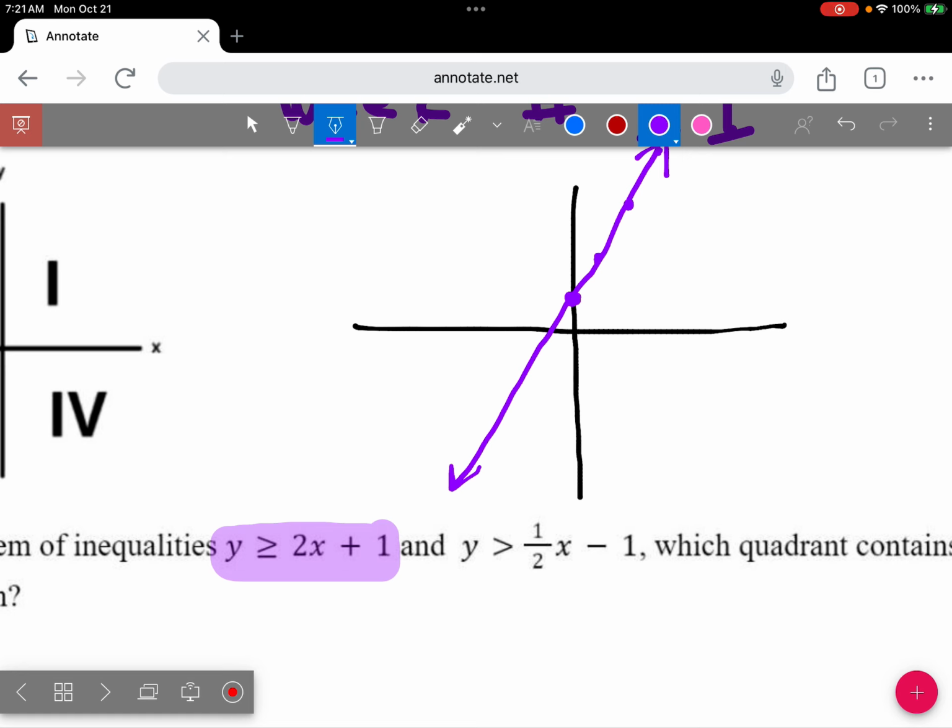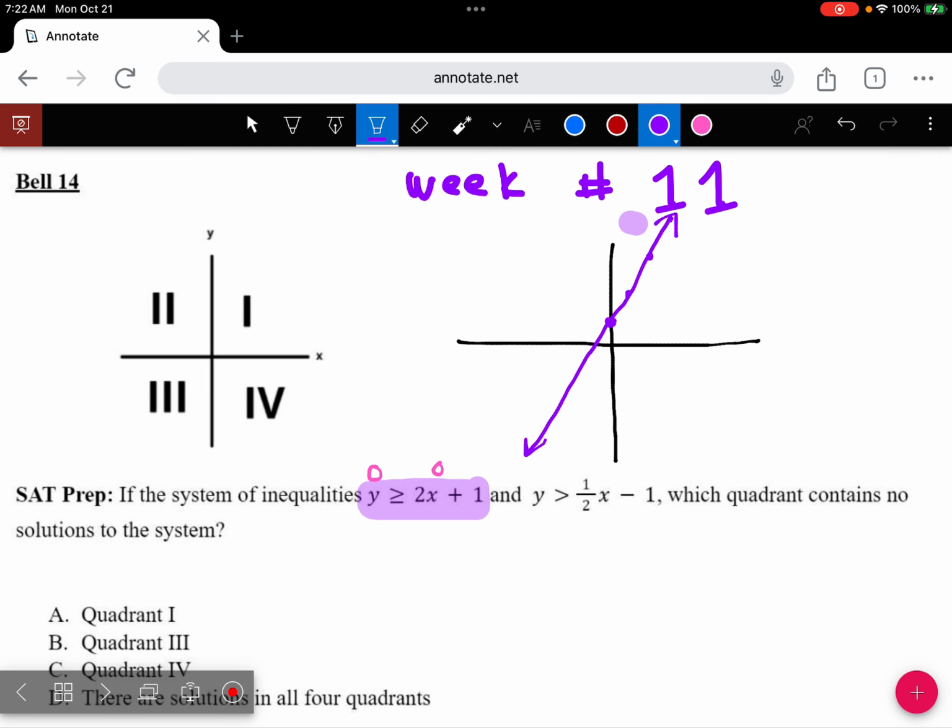And would I shade above my line or below my line? Yeah, it's going to be above. If you think about 0, 0 and 2 times 0 plus 1, that definitely does not work. So we are going to shade this one above.